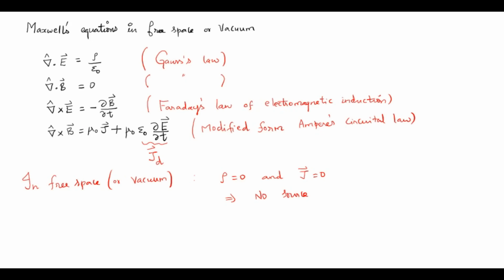If there is no source, we can write these four equations as: divergence of E vector is equal to 0, divergence of B vector is equal to 0, curl of E vector is equal to minus partial B with respect to t, and curl of B vector is equal to mu naught epsilon 0 partial derivative of E with respect to t.